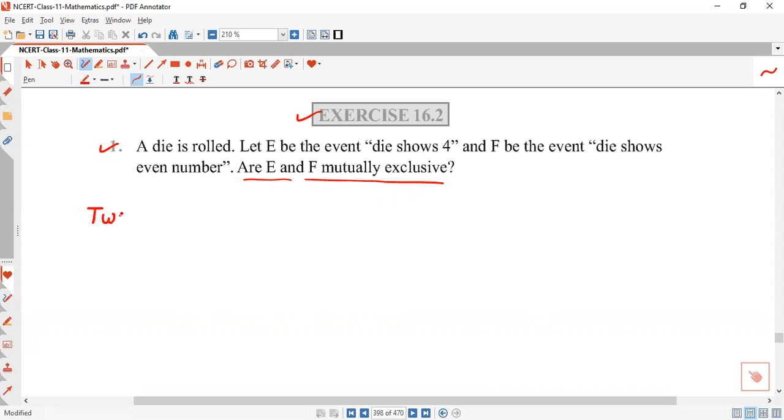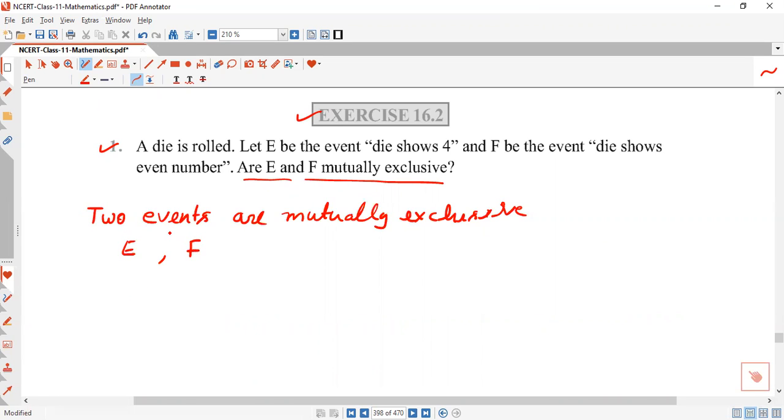We say two events are mutually exclusive if we take E and F, these two events, and E intersection F equals phi. This means there is no element common in both the events E and F. So this question is asking whether these events are mutually exclusive or not.